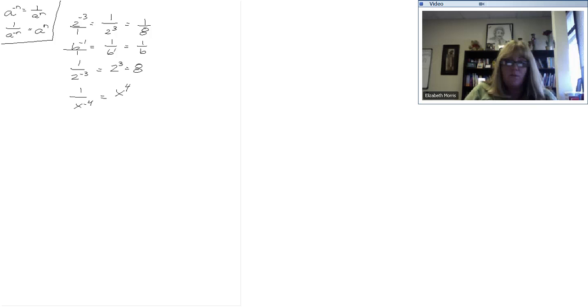What is the difference? What if I had 5z to the negative 3 and (5z) to the negative 3? What is the difference? Well, the difference here is this is the only thing that has the negative exponent. So I get 5 times 1 over z to the positive 3, or 5 over z to the positive 3. 5 gets multiplied, stays on top. 5's in the numerator.